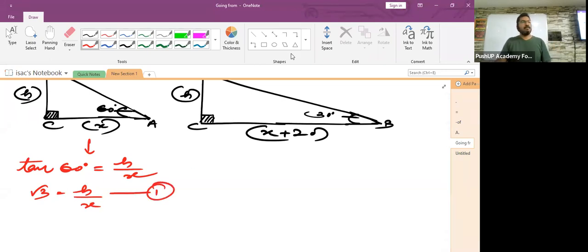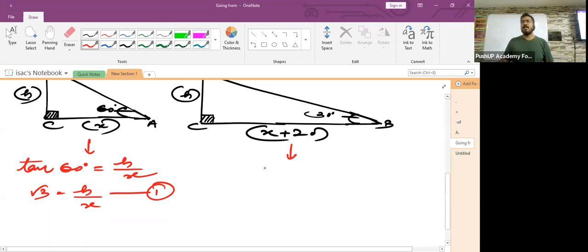Children, whenever we need, we will use that first equation. As of now, let us frame the second equation by using the second triangle. This one. All right. Jared, tell me, tan of what?